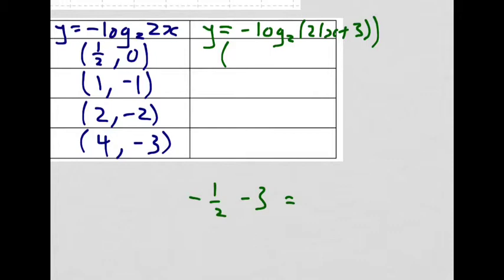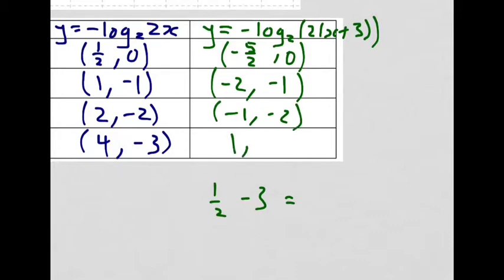It should be negative 2 halves, or negative 5 over 2. So negative 5 over 2, and still 0. 1 minus 3 is negative 2, negative 1. 2 minus 3 is negative 1, negative 2. 4 minus 3 is 1, negative 3.